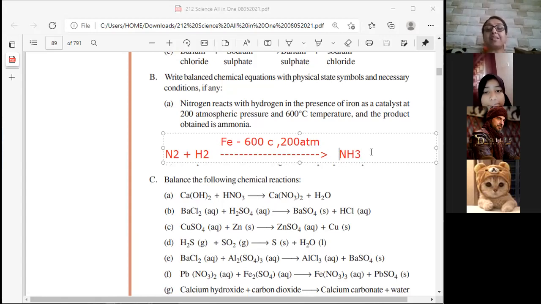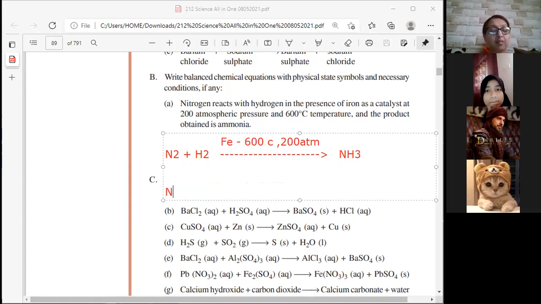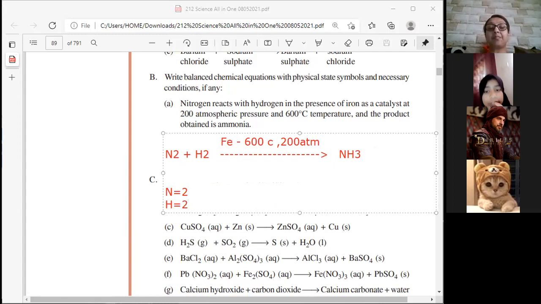Okay, then we can balance it now. N is equal to 2. H is equal to 2 on this side. Am I right? How much is N here? 1. And how much is H here? 3.